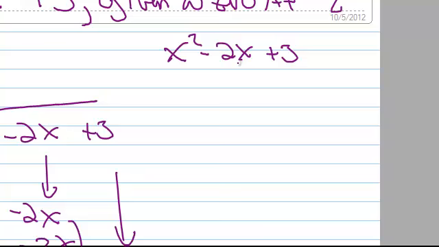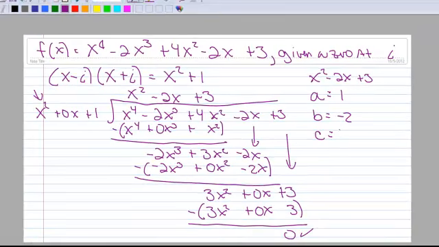Well, first of all, we know it contains complex zeros. So the easiest way to solve this is to use your quadratic program. a is 1, b is negative 2, c is 3. And when I run that through my program, or I do it by hand, I can do it either way.